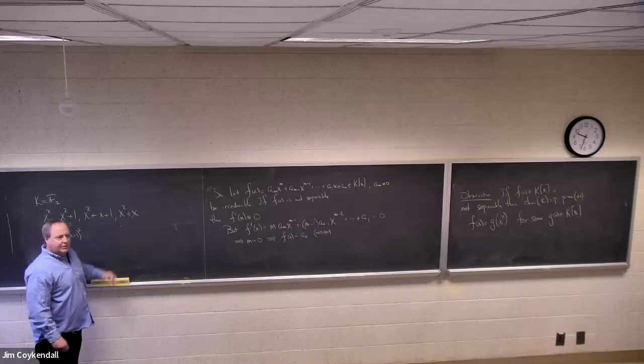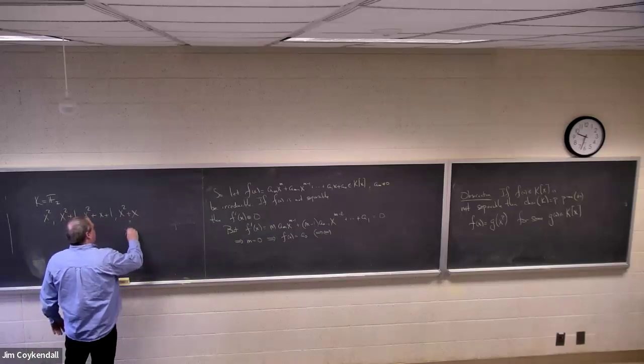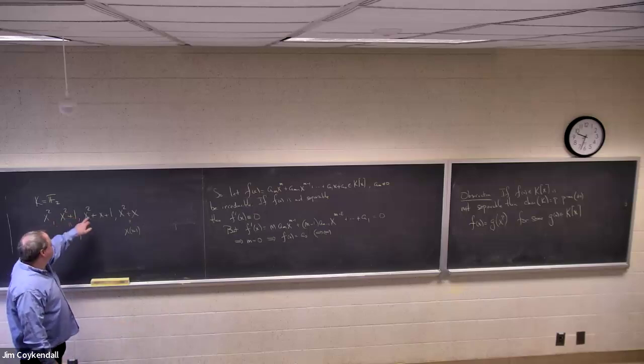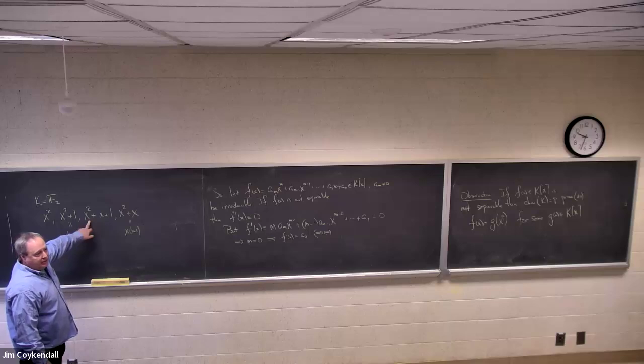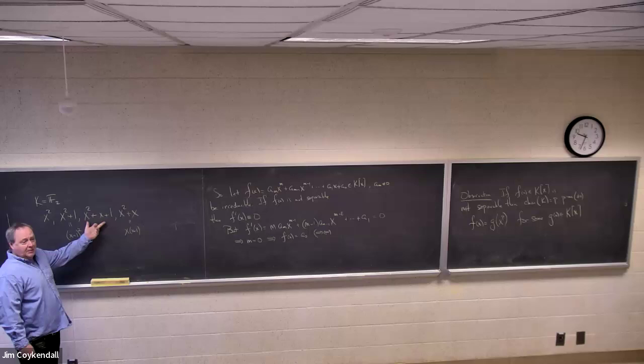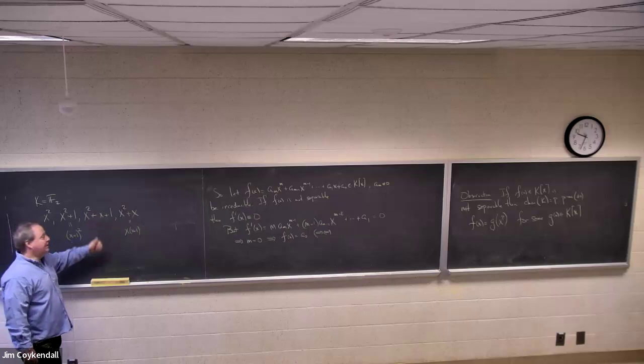This one's not irreducible either, is it? This one is the only irreducible polynomial of degree 2. What's its formal derivative? 1, right? And so clearly it is relatively prime to its formal derivative. The gcd is 1. So this is actually a separable polynomial.